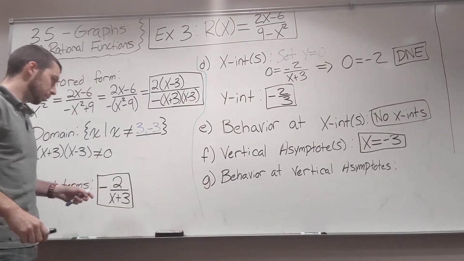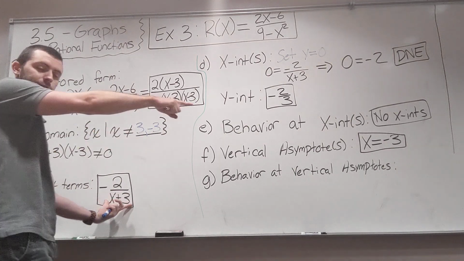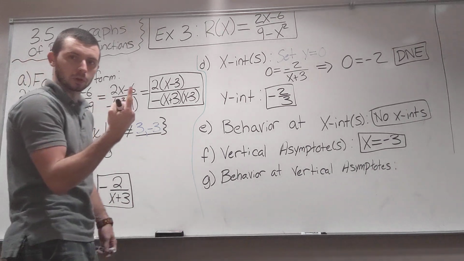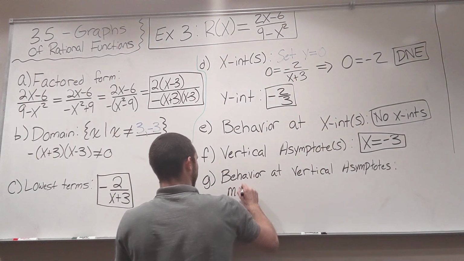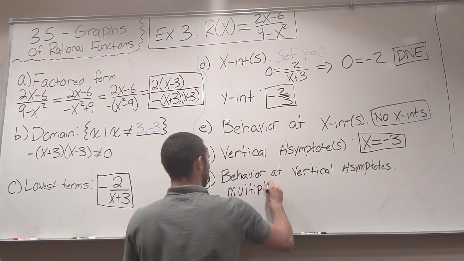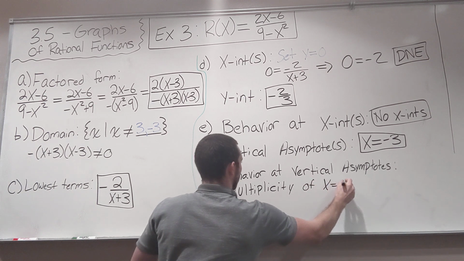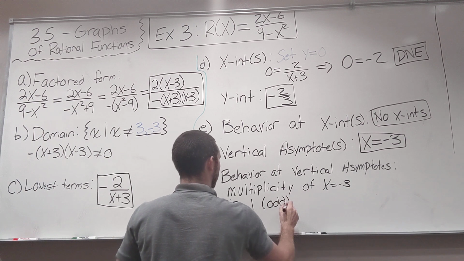So the multiplicity of the x plus 3 factor, where the -3 came from, is 1. The factor only occurs once, there's no exponent with it, so multiplicity is 1. So the multiplicity is 1, which is odd.